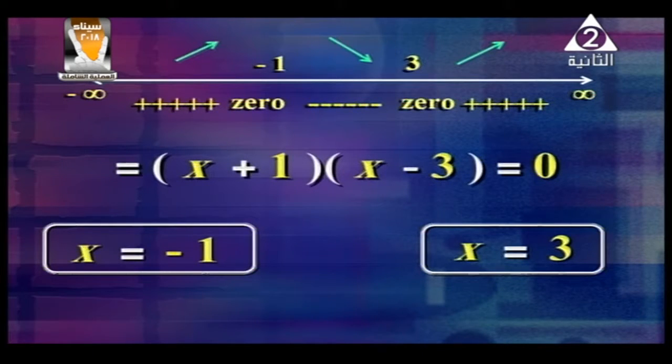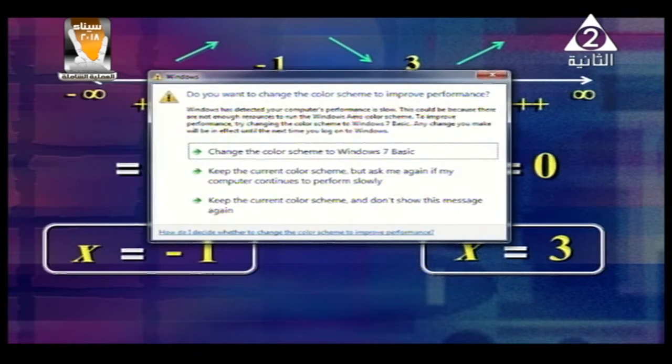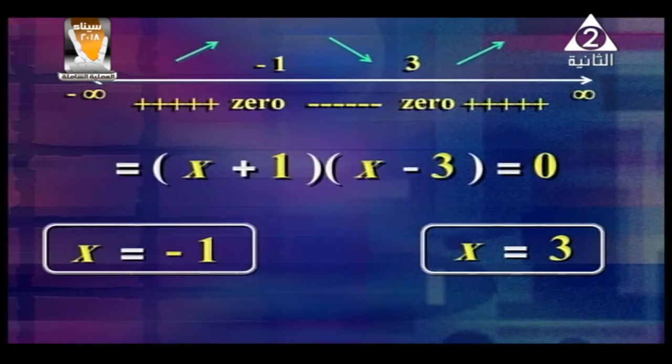Remember, dear student, f dash x equals 0 when x equals negative 1 and when x equals 3. Look at the first interval from negative infinity to negative 1.